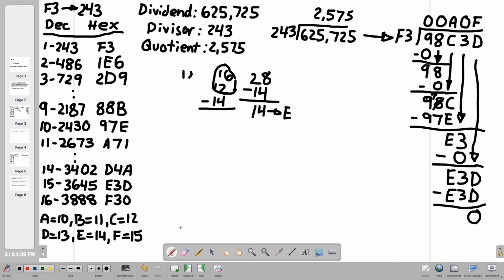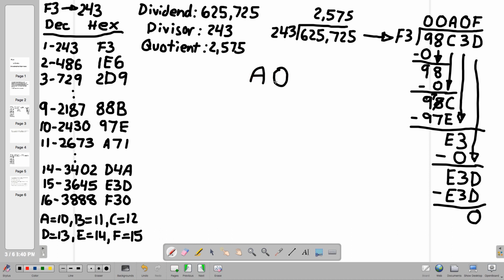So let's erase and let's show that the quotient is indeed the value 2,575. All right, so we have A, 0, F, and F is in position 0, 0 is in position 1, and A is in position 2.